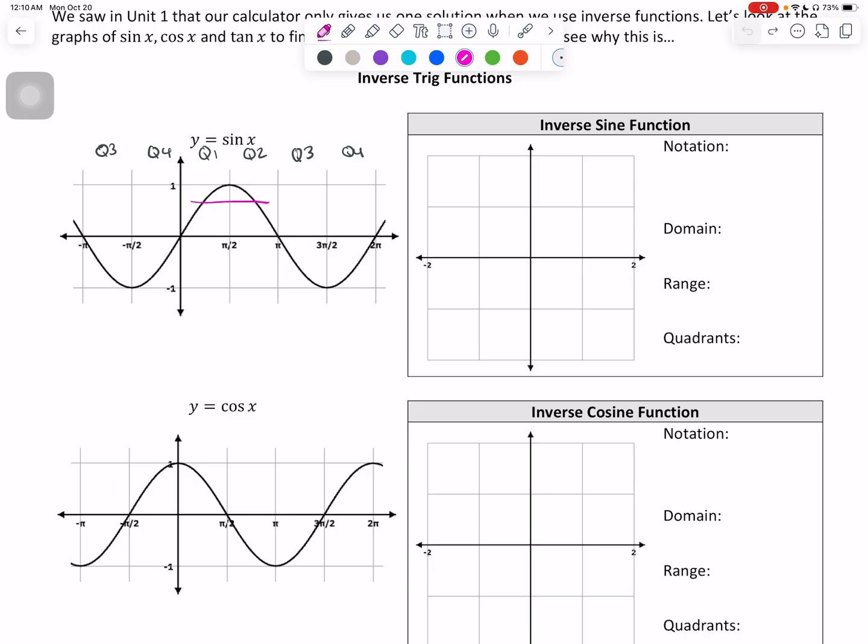Same thing if I did quadrants 3 and 4. But if we look between quadrant 4 and quadrant 1, no horizontal line would touch more than once. So this is the main part that we were going to use.